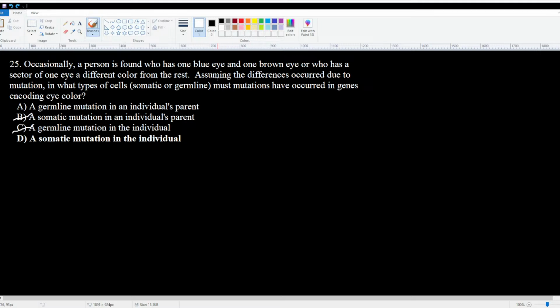So look at what's going on here. One blue eye and one brown eye. Or has a sector of one eye different color from the rest. So this one is your primary hint: one sector of one eye different from the rest.